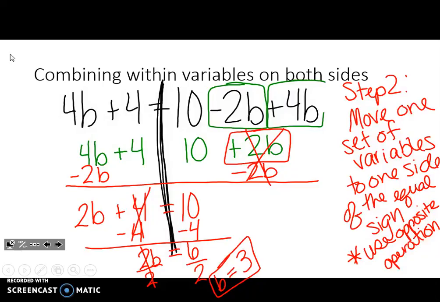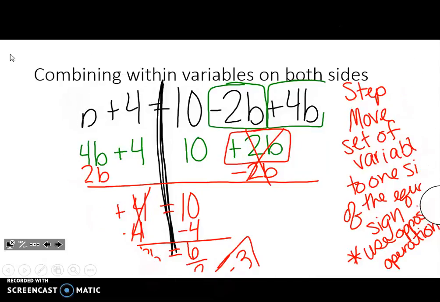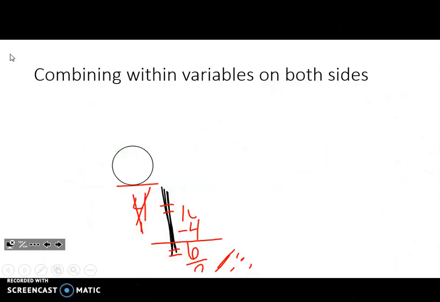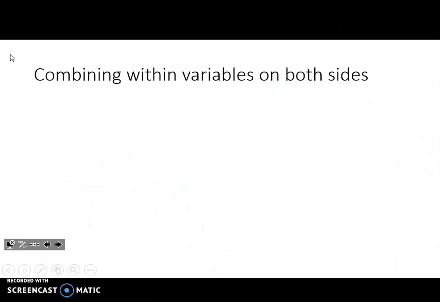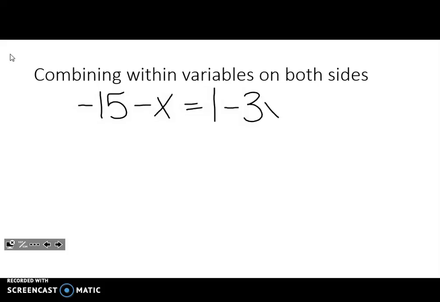Remember, you can always go back and rewind the video and watch it again. Okay. I'm going to erase it all and walk through another problem. Make sure you're copying these down for yourself in your notes. Negative 15 minus x equals 1 minus 3x minus 2.